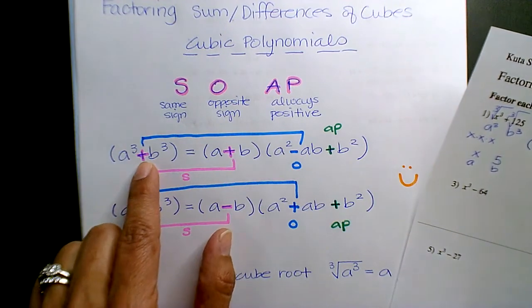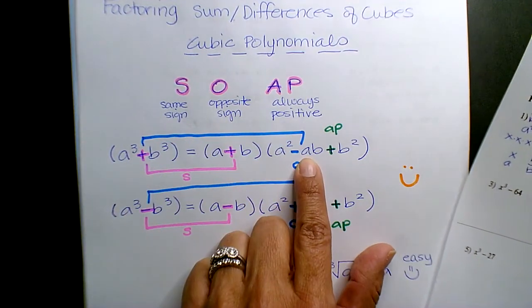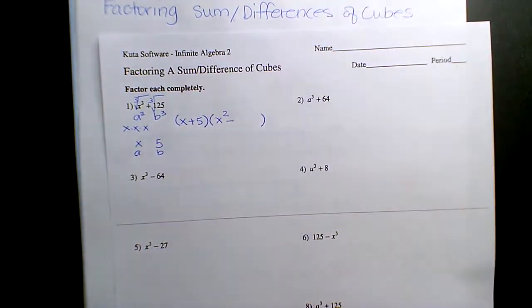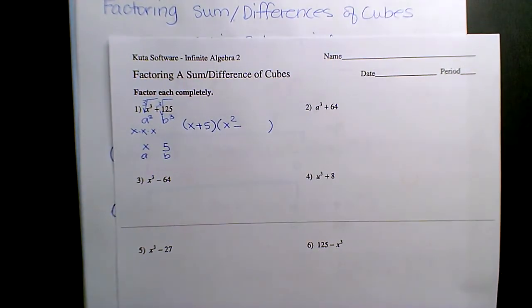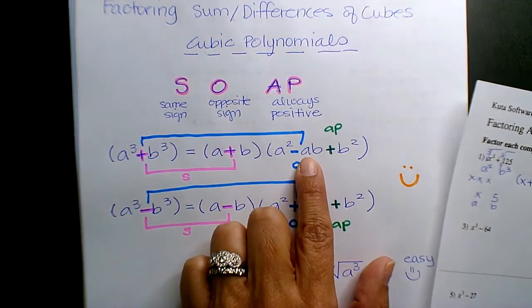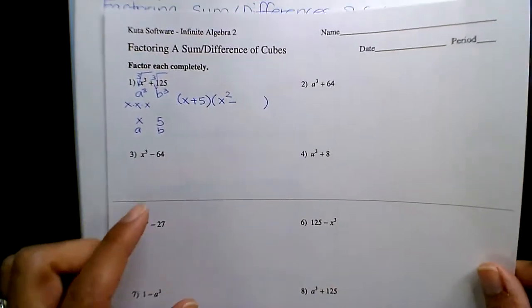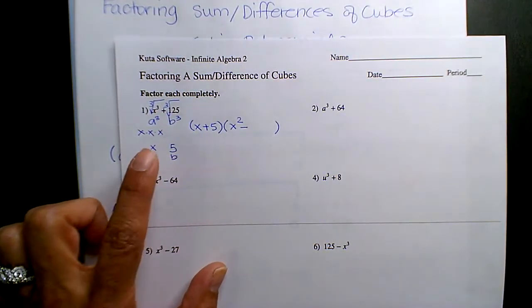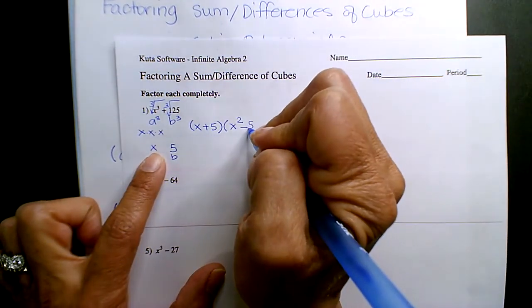So because this was positive, my second term has to switch, so it is negative. So it's same, opposite, and then the third sign will always be positive. That's the SOAP. That term is going to be a times b. Well, a is x, b is 5, so what's 5 times x? Just 5x.